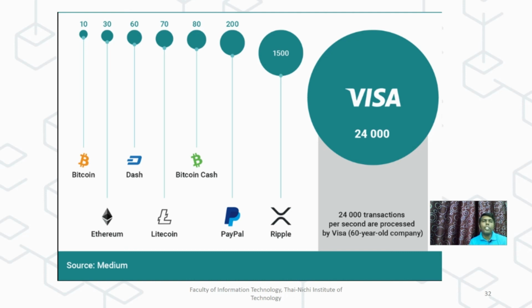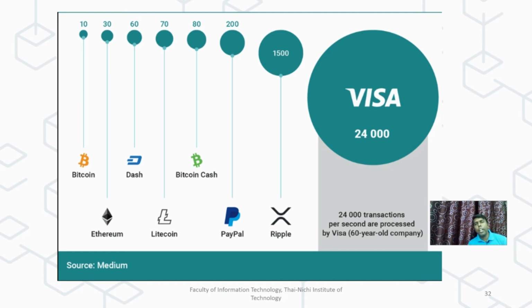Then we have Ethereum, which is quite a bit faster at 30 per second, and Dash coins have 60 per second, Litecoins around 70 per second, and so many others. The fastest cryptocurrency so far is Ripple. Ripple is the most recent one, and it is doing quite well. They are really doing a lot of development in this particular cryptocurrency.